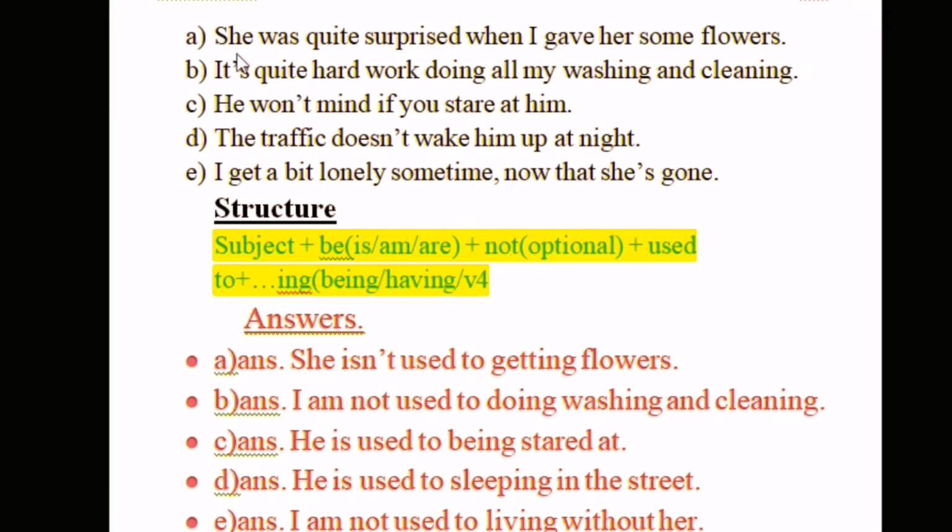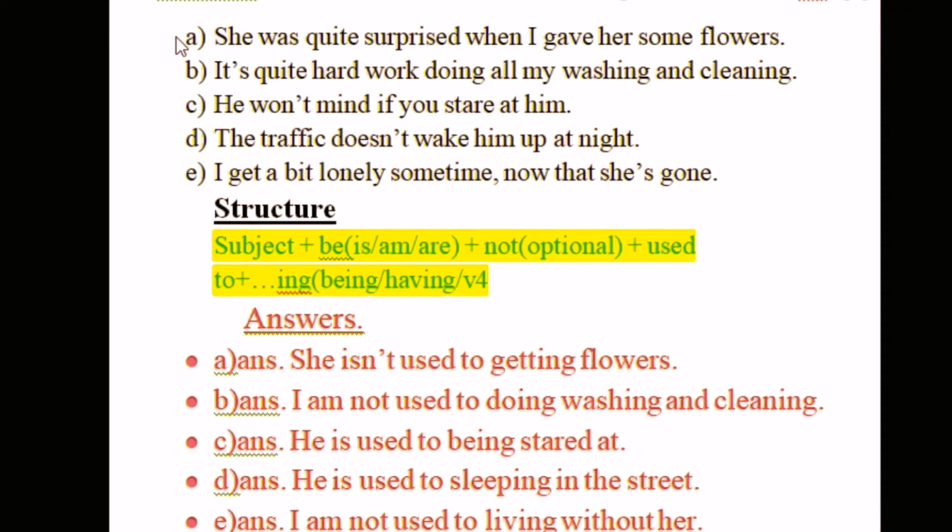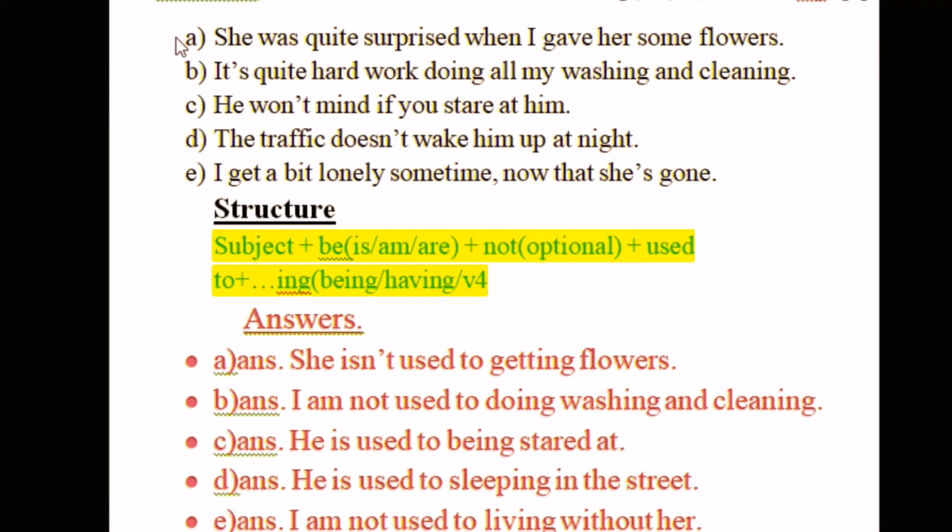The first one you can see here. I'll tell you the questions and answer those questions as well, so that you'll get more knowledge there. She was quite surprised when I gave her some flowers. Why was she surprised?